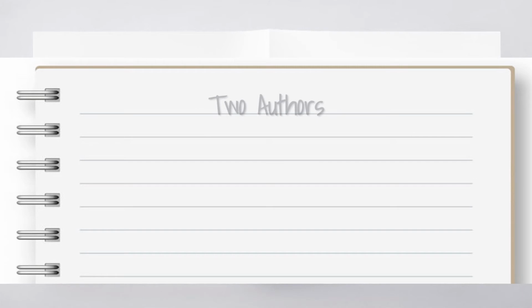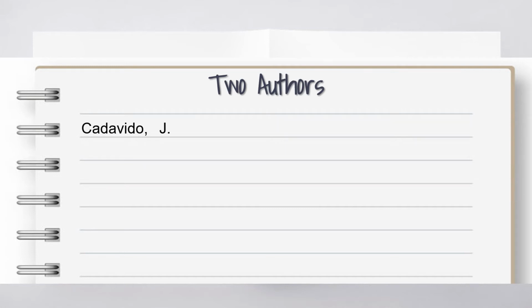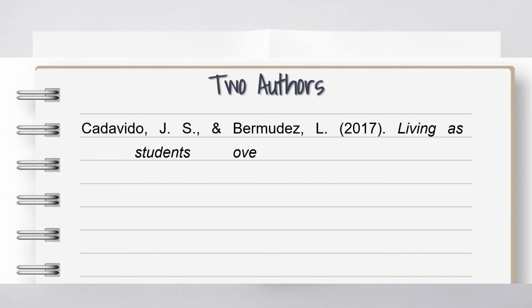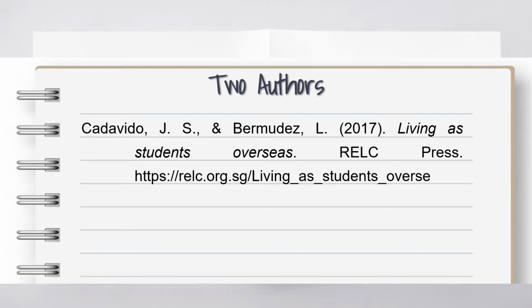This time, class, we're going to have two authors of the book, or the book has two authors. So for example, we're going to have one example here, and let me discuss it to you again. So again, it will begin with the author's name. So this time we have two authors.